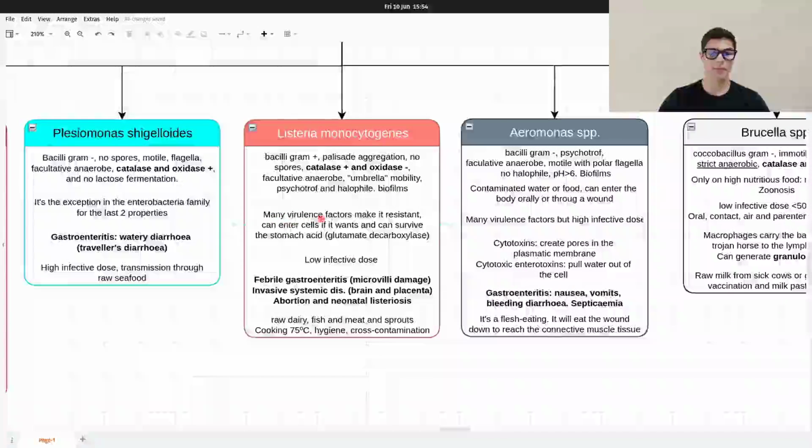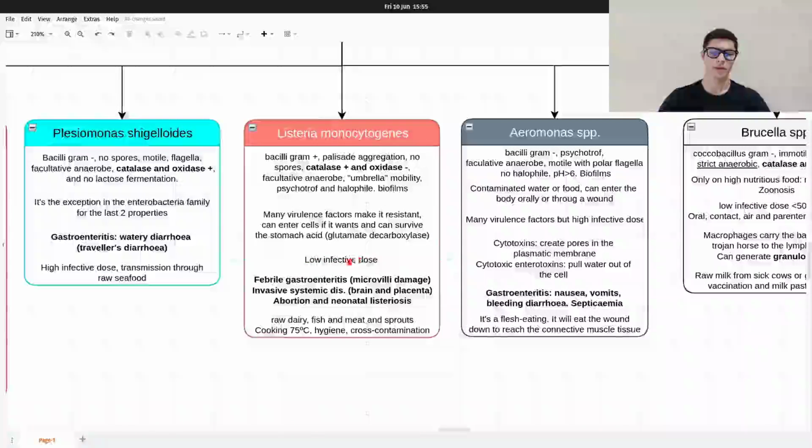It has many virulence factors that make it resistant. It can enter the cells if it wants, and can survive the stomach acid because it has an enzyme as a protection, the glutamate decarboxylase.